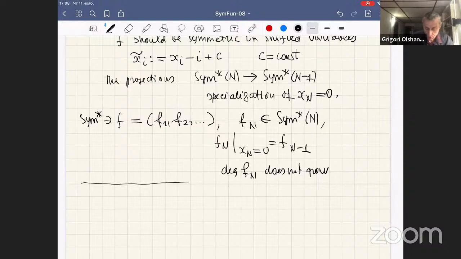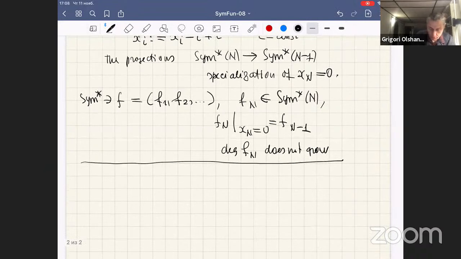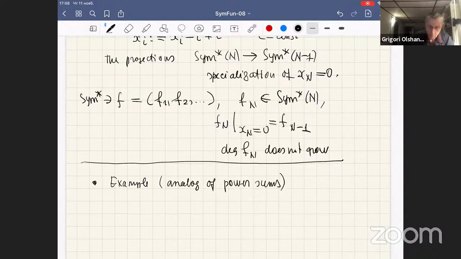Okay, so this is the definition, and the first result is as follows. So some examples. The simple example is as follows. This is an analog of power sums. So the power sums, I will denote by p star and a constant c.